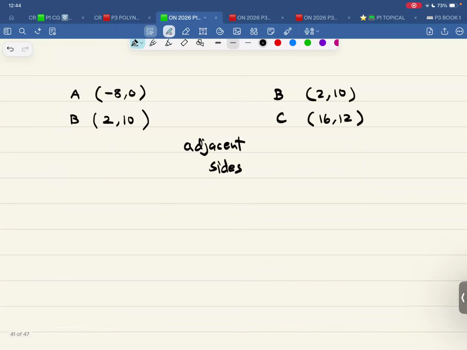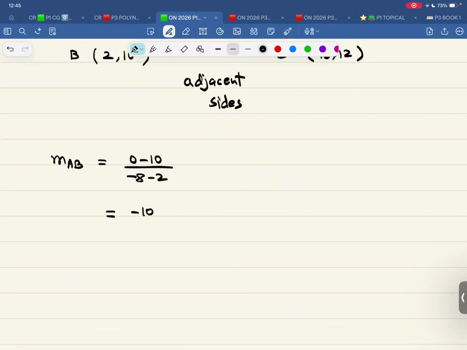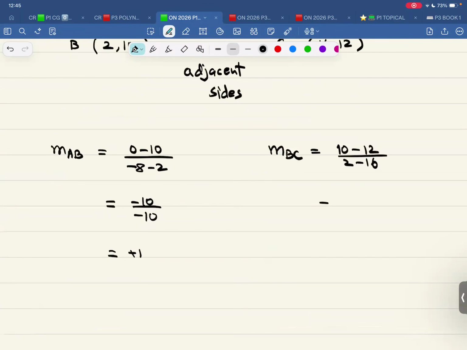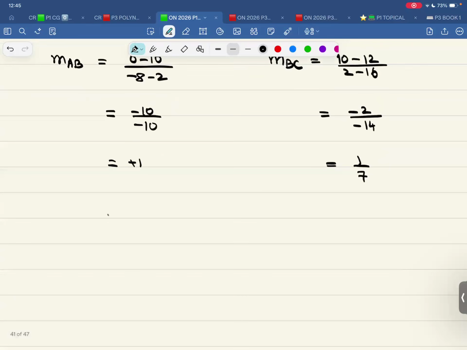So now the gradient of AB is (0 minus 10) over (negative 8 minus 2). That is negative 10 over negative 10, which is positive 1. Gradient of BC is (10 minus 12) over (2 minus 16). 10 minus 12 is negative 2, 2 minus 16 is negative 14. That comes out to be 1 over 7.